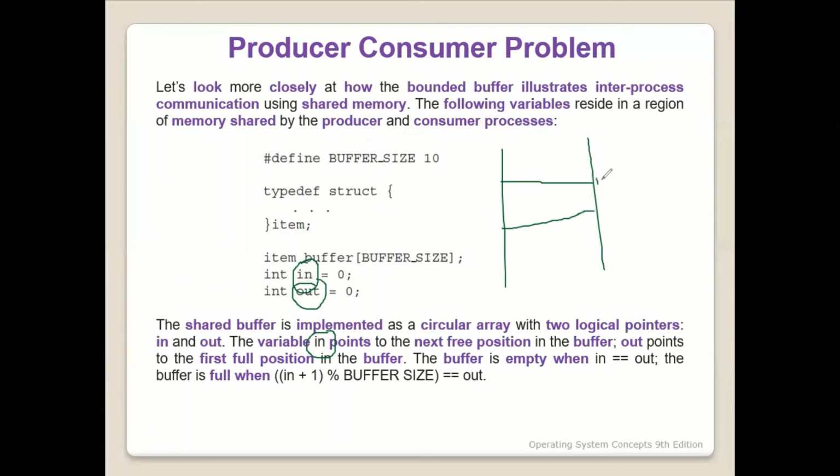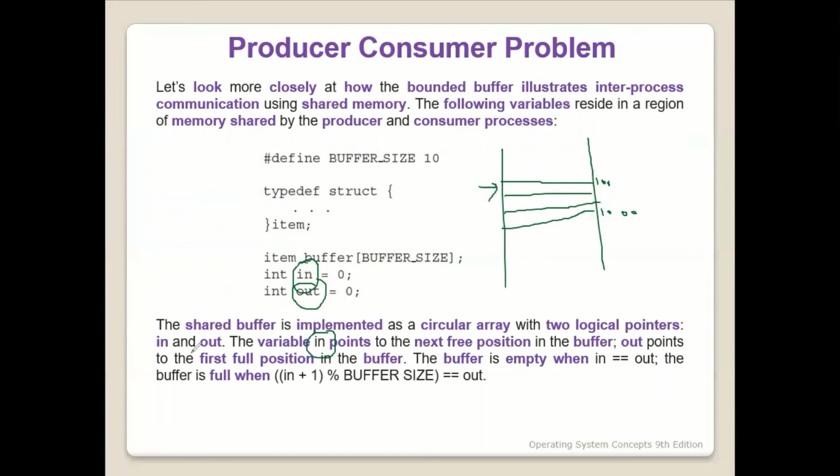It starts from address 100 to address 1000, something like that, just assume this way. So this in variable points to the next free position. There are too many free positions, so for example, in points to this free location in the buffer.